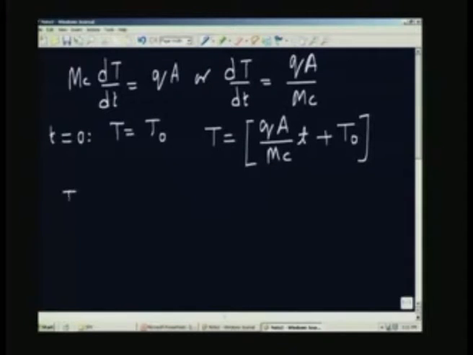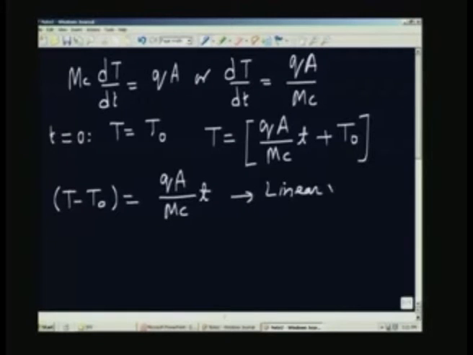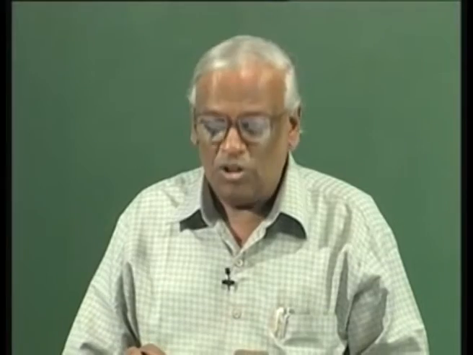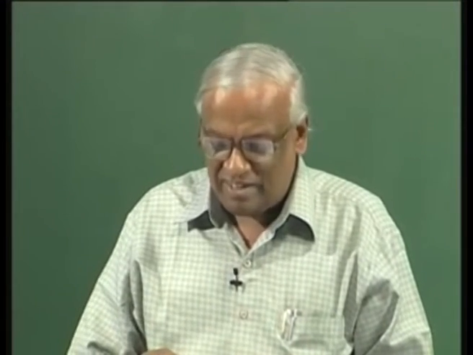In other words, the temperature increase T minus T naught is equal to QA by mC into t. This is a linear variation. Of course, this is not going to be strictly correct, but it is a good approximation in the case of a thin slug which is going to be used as a heat flux gauge.